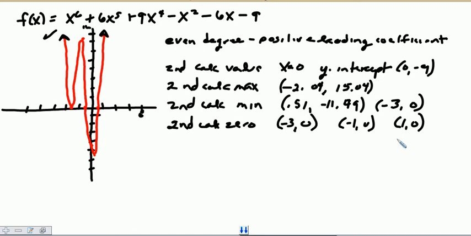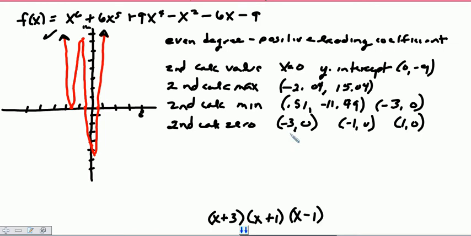Each one of these zeros gives me a factor of the polynomial. So I know I have a factor of x plus 3 because I have a 0 at negative 3. I know I have a factor at x plus 1 because negative 1 is a 0. And I know I have a factor of x minus 1 because positive 1 is a 0.